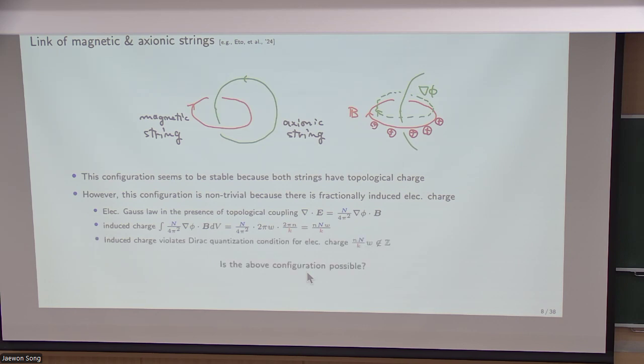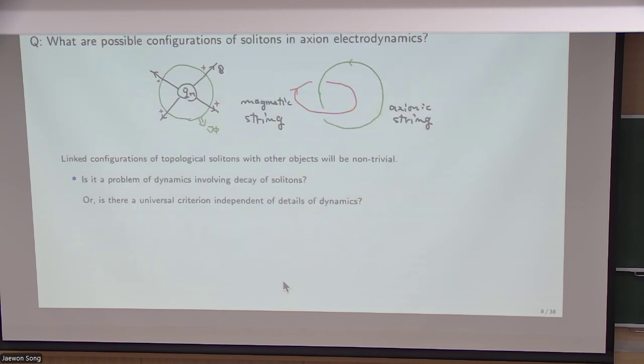So my question is, is the above configuration possible or not? So my question in this talk is, what are the possible configurations of the solitons in axion electrodynamics? So the linked configuration such as the magnetic monopole and axionic domain wall, or the axionic and magnetic string, will be non-trivial.